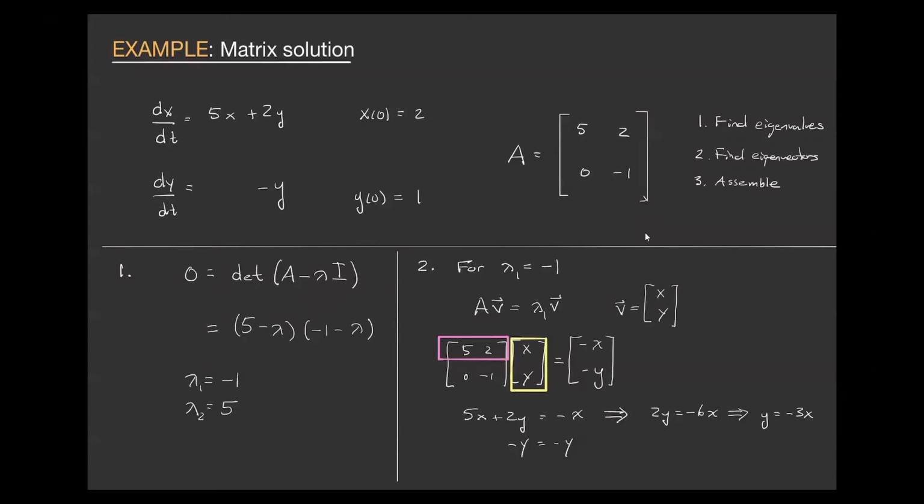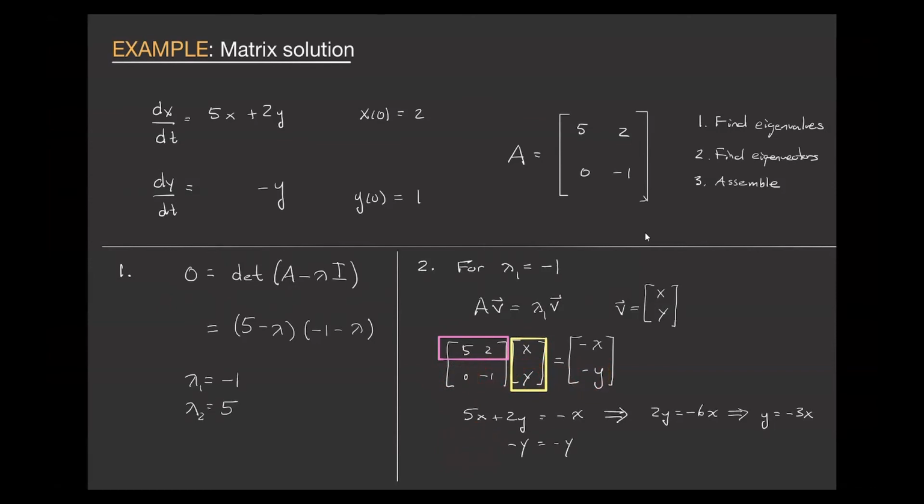So the 5 is multiplied by the x, giving us 5x. And then we take 2 multiplied by y, which gives us the 2y. So when you multiply matrices, you always go row times column. And the same thing here, it's row times column. So that gives us x times 0, or no 0. And then -1 times y gives us -y.